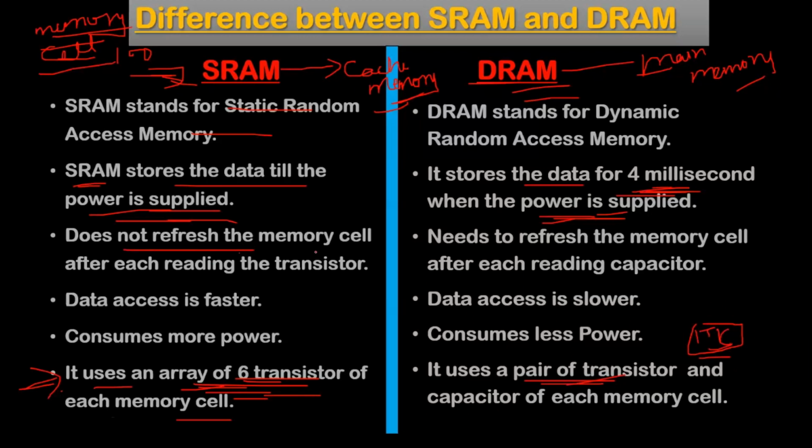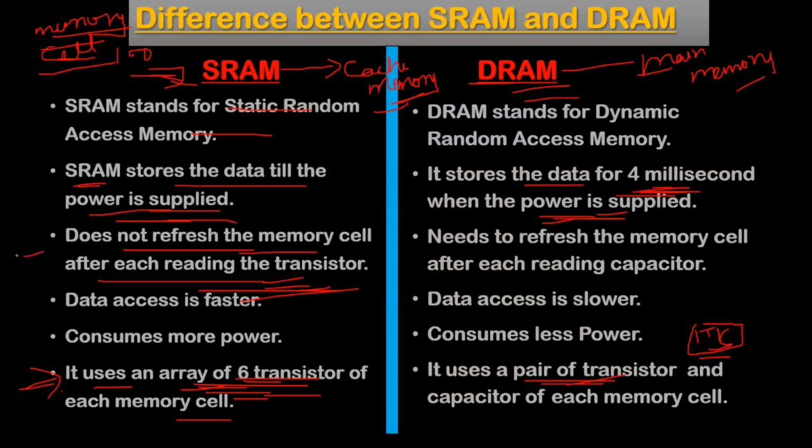And if you see here, SRAM does not refresh the memory cell after each reading of the transistor. Means when it reads the memory cell, or reads the transistor, in the memory cell, what do we have? In the memory cell, we have this transistor. So every time you read or write on that memory, that time the transistor will read.